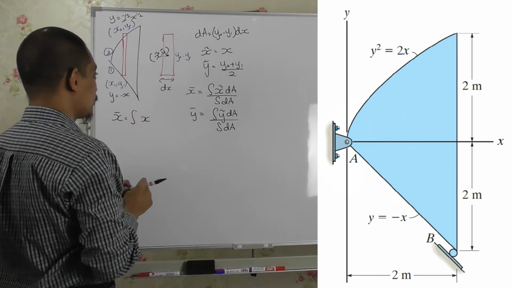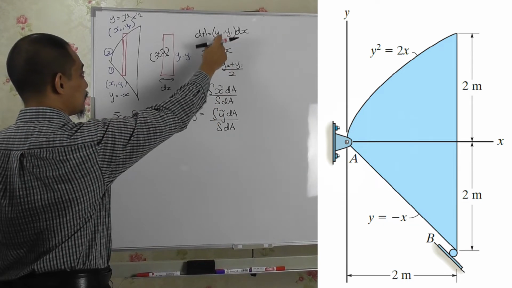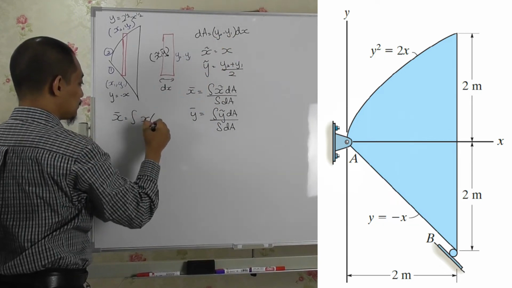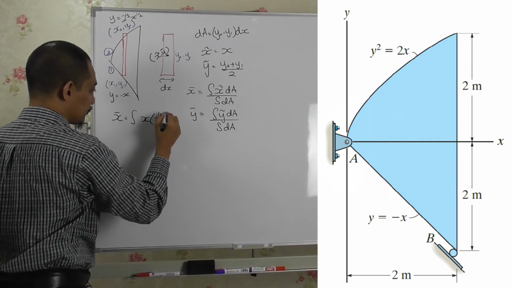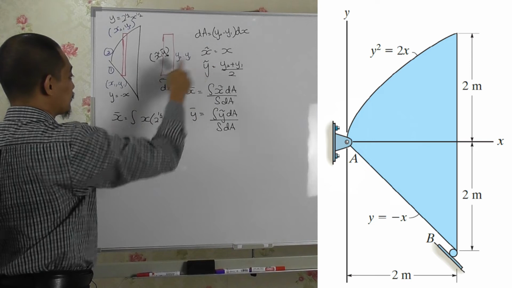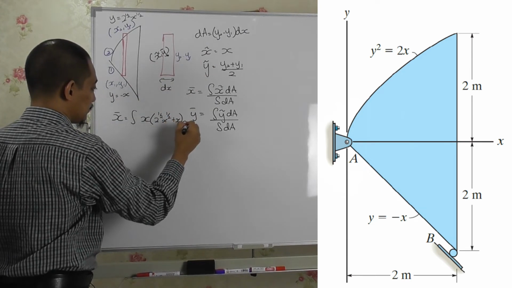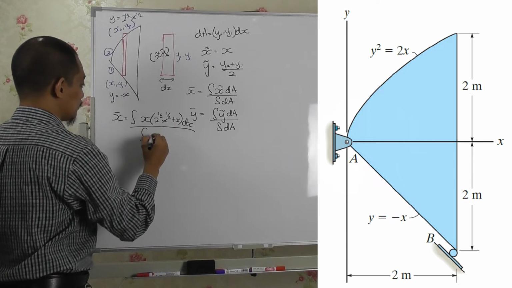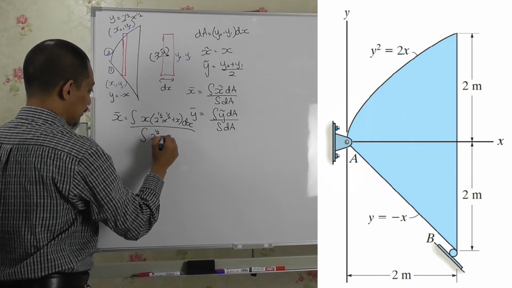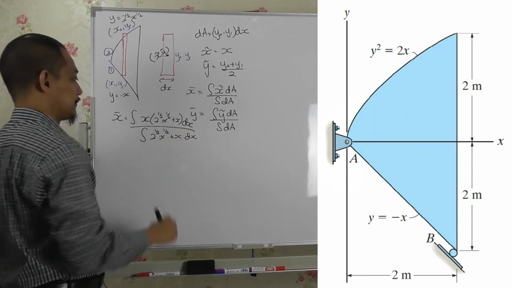So dA is y2 minus y1 dx, which is 2 power of half x power of half, then minus minus x, becomes plus x, dx, over integration of dA, so 2 half x half plus x dx.